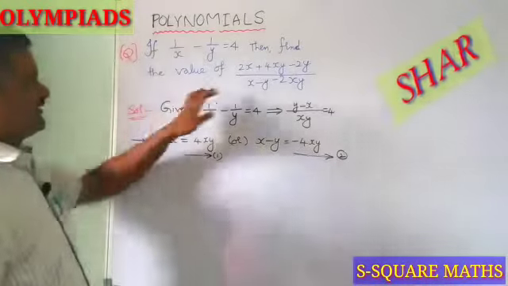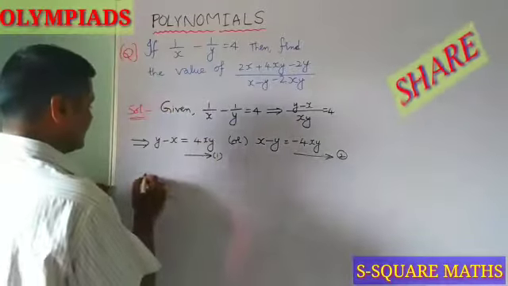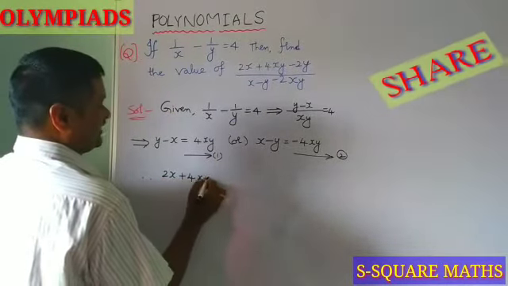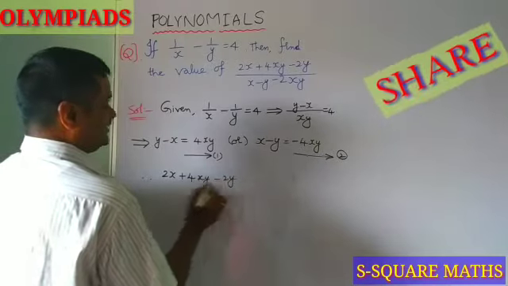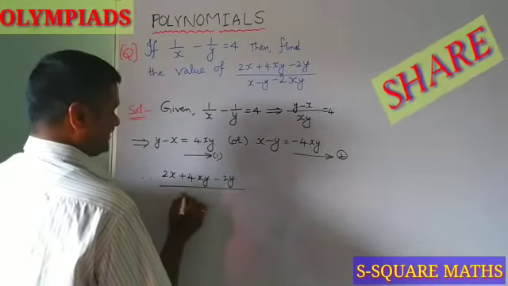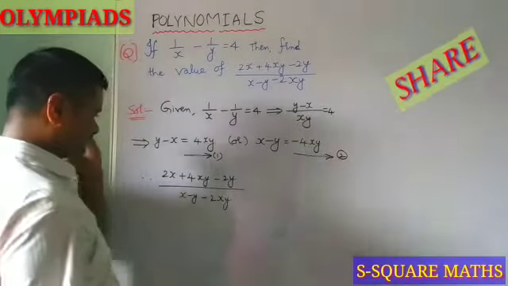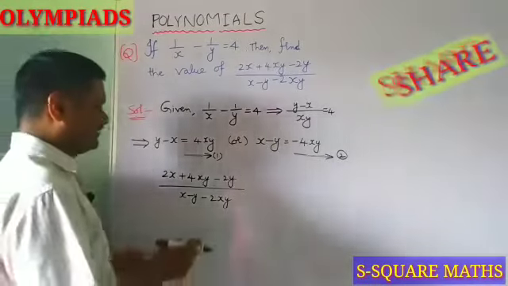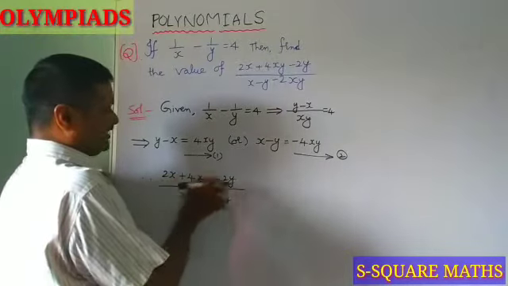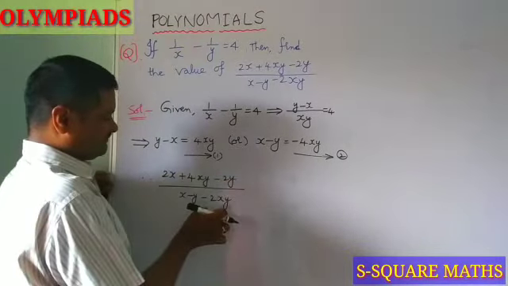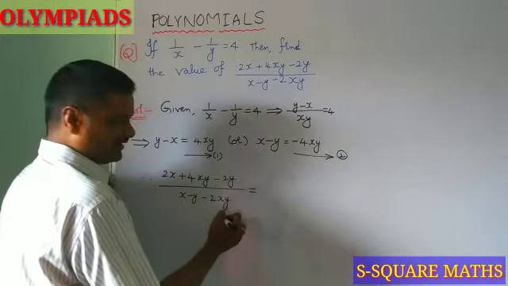So what is our expression here now? Therefore (2x plus 4xy minus 2y) by (x minus y minus 2xy). If you observe carefully here, 2x minus 2y we will write at one place, so that will follow now in the numerator.